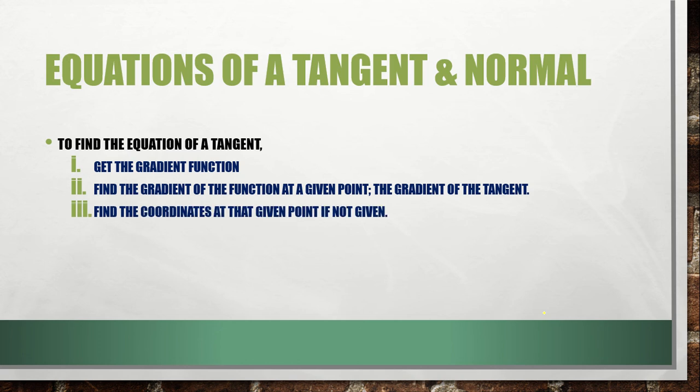Most of the time you'll be told, for example, to find the equation of the tangent of this equation at a specific point, and that point will be given as a value of the independent variable, for example x equals a particular value, but you will not have the y component. You will have to get it, and that will sum up to the coordinates at that specific point you have been asked for.